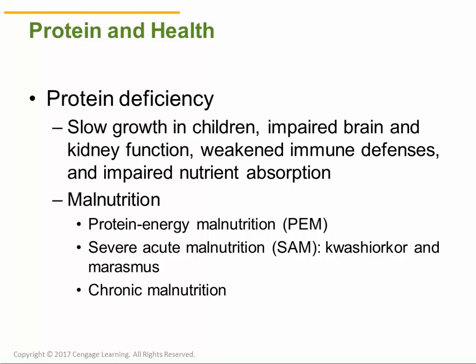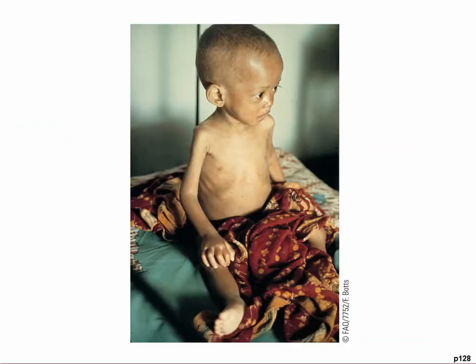Kwashiorkor and marasmus. It shows you a picture of kwashiorkor and marasmus on page 127. And this is another picture similar to that. This is your marasmus. Marasmus is total malnutrition, that means of all the nutrients. Starvation.